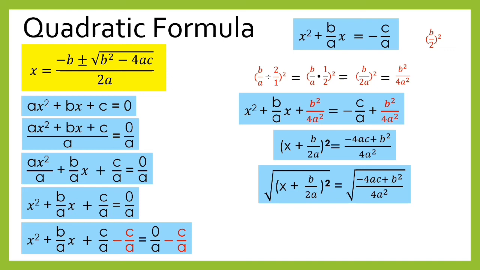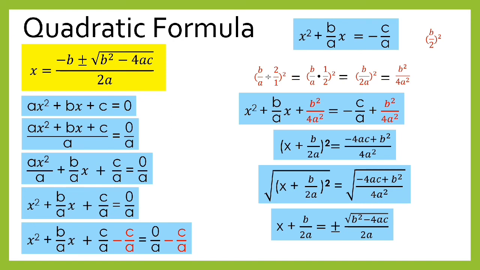Let's simplify. We now have x plus b over 2a equals plus or minus square root of negative 4ac plus b squared, interchange natin. We now have b squared minus 4ac all over square root of 4a squared, which is 2a.